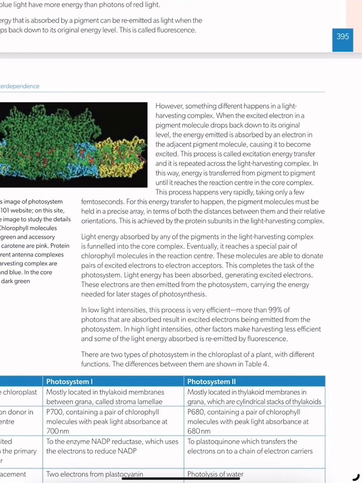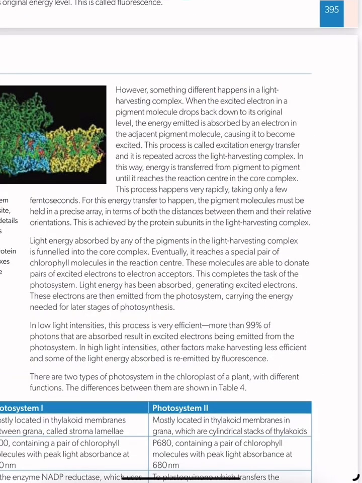After this, when the excited electron in a pigment molecule drops back down to its original level, the energy emitted is absorbed by an electron in the adjacent pigment molecule, causing it to become excited. And this goes on. This process is called excitation energy transfer. This way, energy is transferred from pigment to pigment until it reaches the reaction center in the core complex.